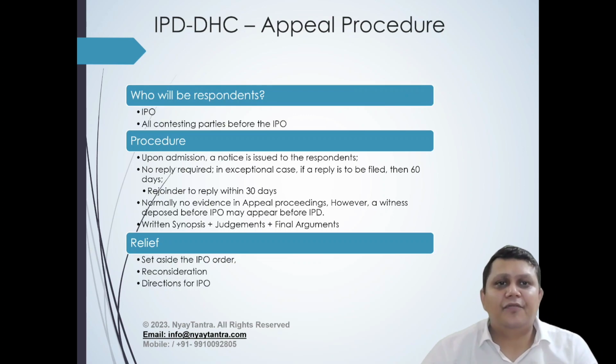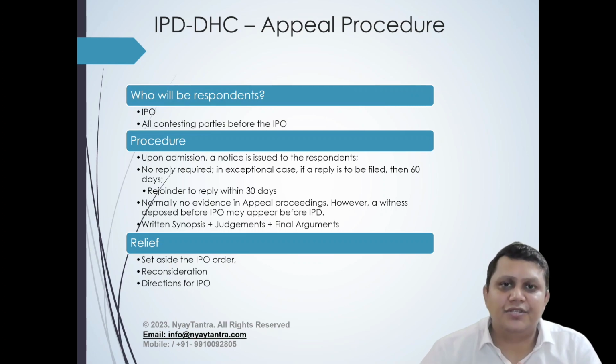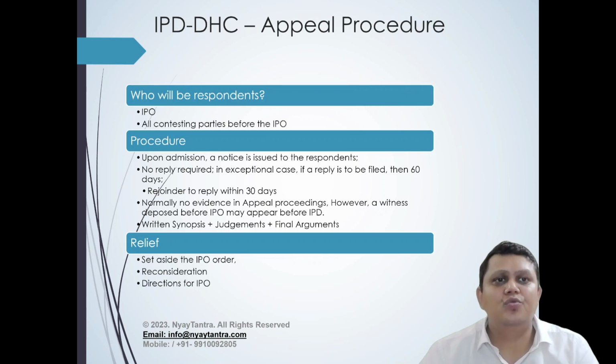The second type could be wherein the Honorable Court may direct the IPO to reconsider the impugned order and reissue the order after consideration of the merit points raised by the appellant during the appeal proceedings. The third kind of relief could be directions to the IPO to rehear the appellant or to provide one more opportunity to the appellant to put forward its views before the IPO.